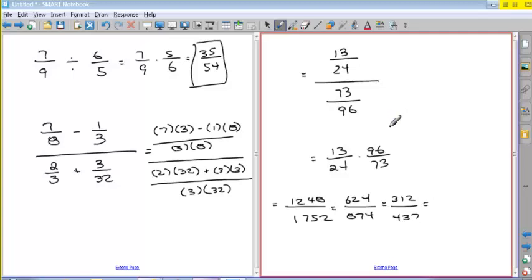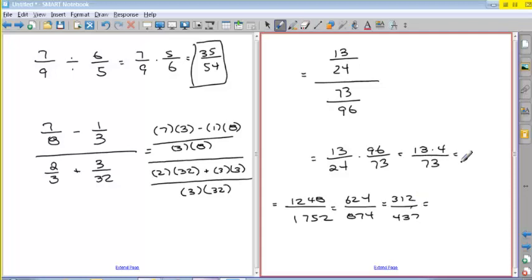And ultimately what you can see here is you've got 96 divided by 24. It seems like something's wrong, so let's check. 96 divided by 24 is 4, so we'd have 13 times 4 divided by 73.